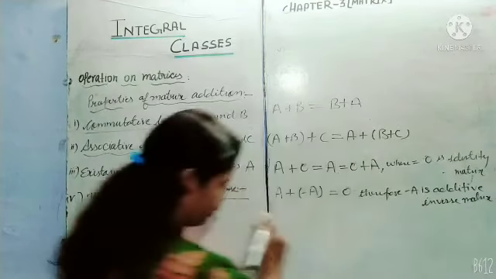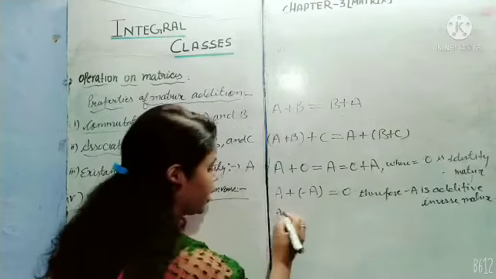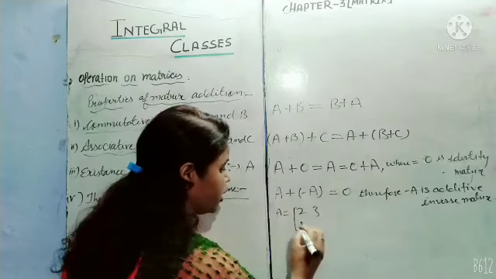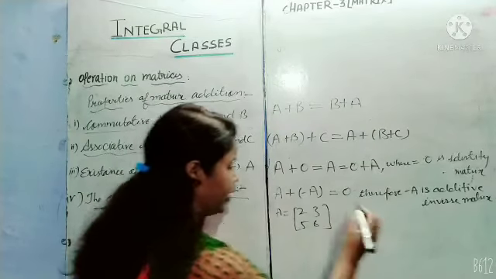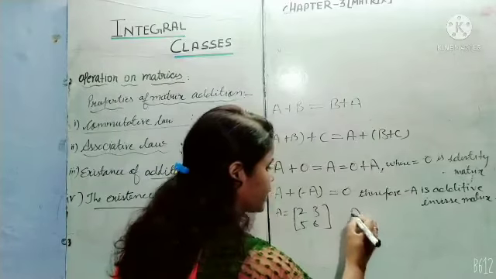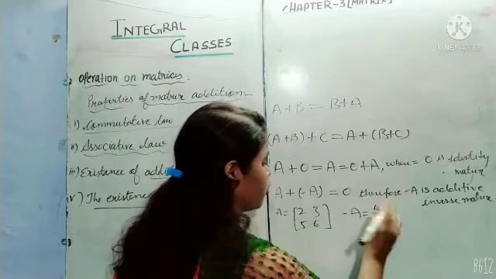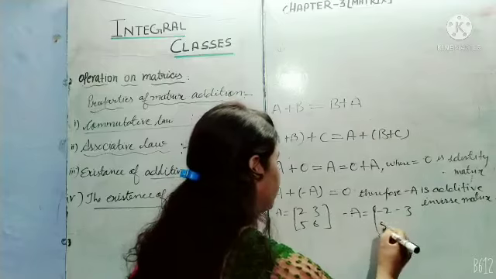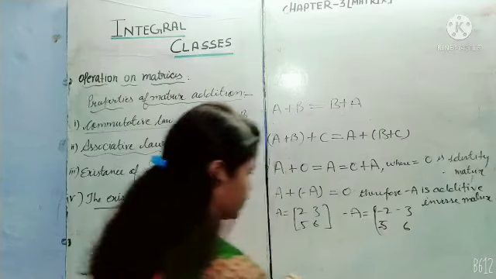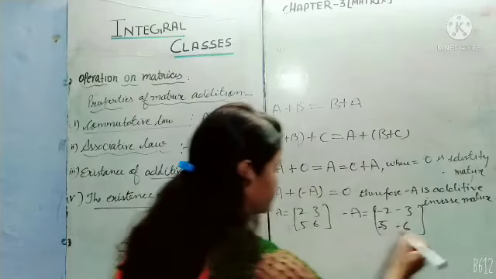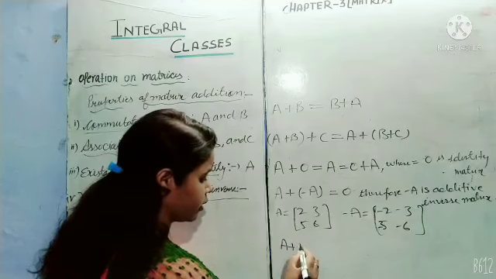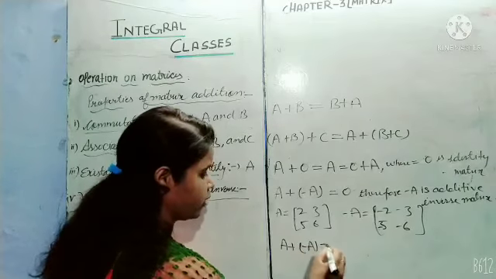How can we consider this? Suppose A equals a 2 cross 2 matrix with entries 2, 3, 5, 6, and minus A has minus 2, minus 3, minus 5 and minus 6. Okay, now we will add them. Then we will get what?